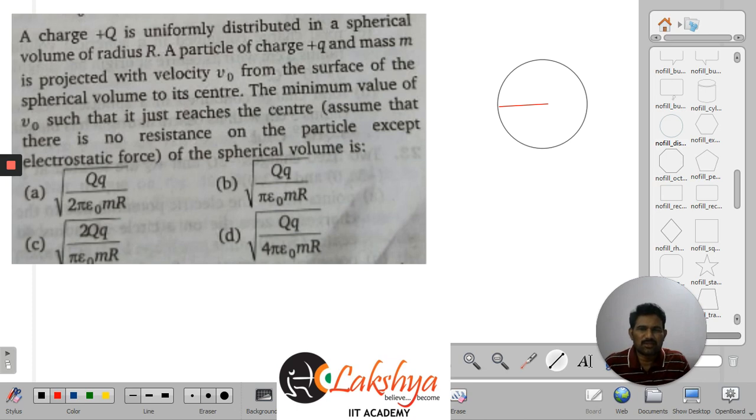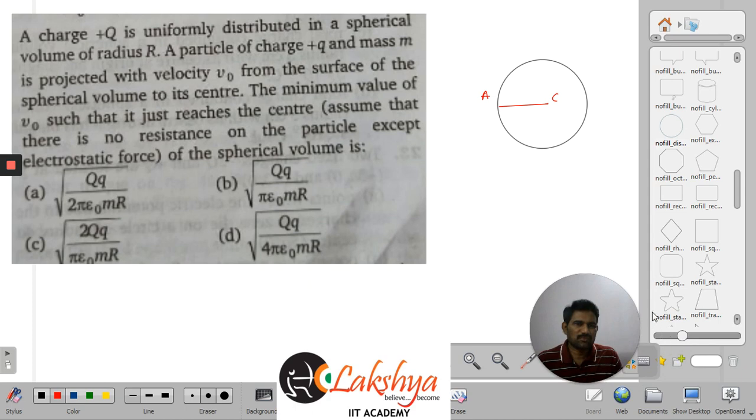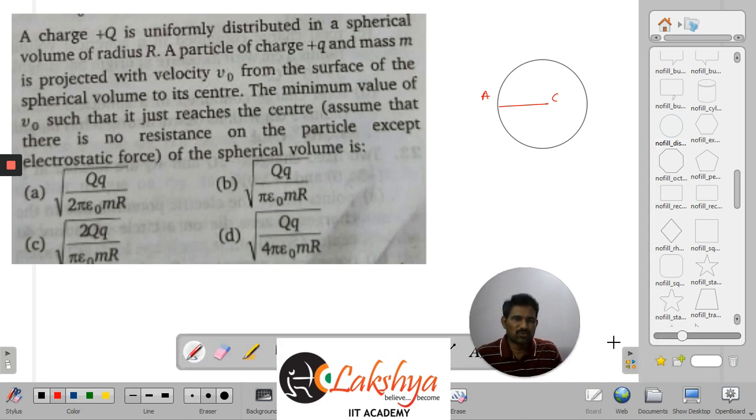Suppose this is the point A, we are projecting from the point A, and this C is the center of this uniformly charged sphere. So here again our calculation is the same only. We just need to apply the conservation of energy.